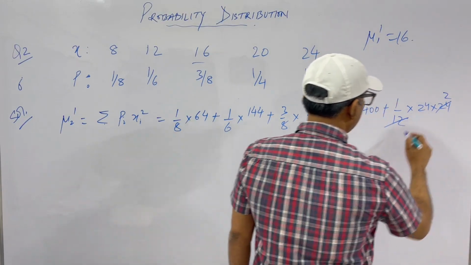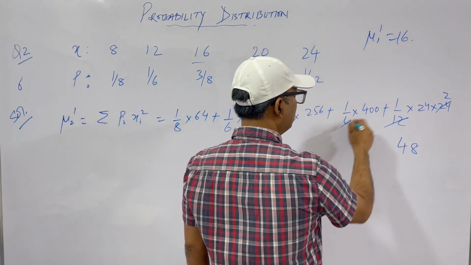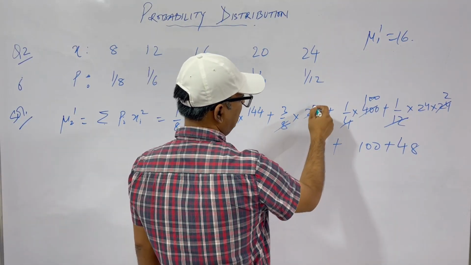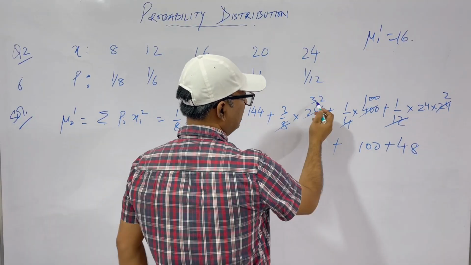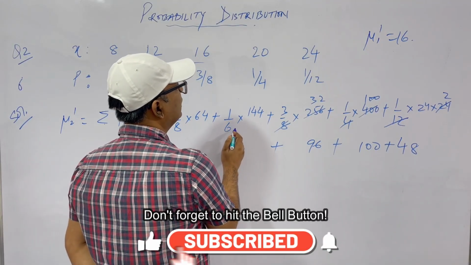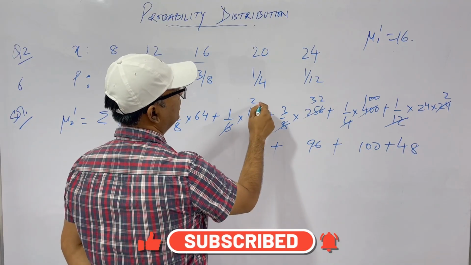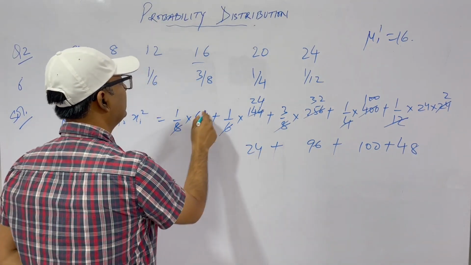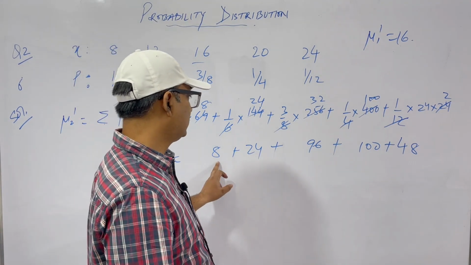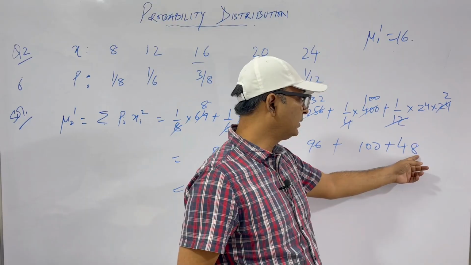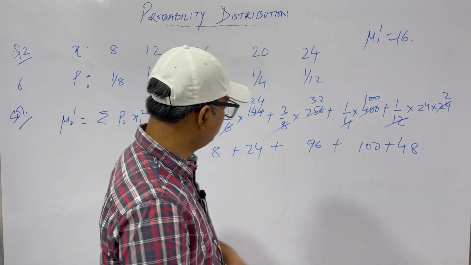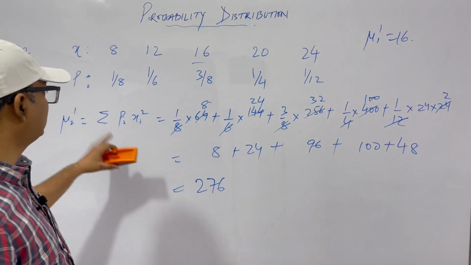This is 8, this is 24, 32, 48, 100, and 3 into 32 is 96, giving 276.